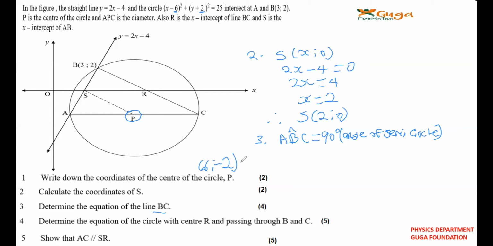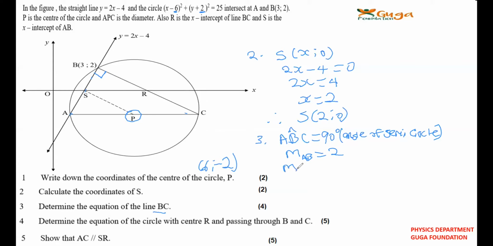Since this is the diameter, here you'll have 90 degrees. Knowing that, this is the straight line AB, and the gradient of AB is 2.